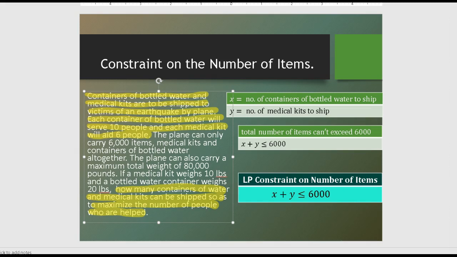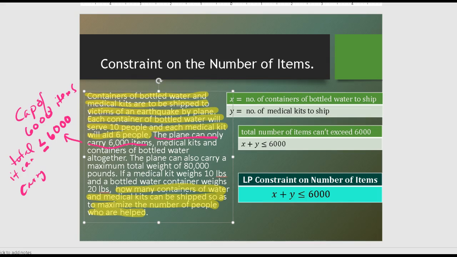So let's read the first one. The plane can only carry 6,000 items. So that's a cap. So the total it can carry is less than or equal to 6,000. If we make it 6,001, that extra item cannot make it inside the plane. It will be rejected.